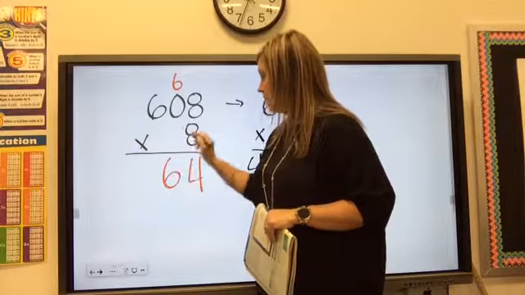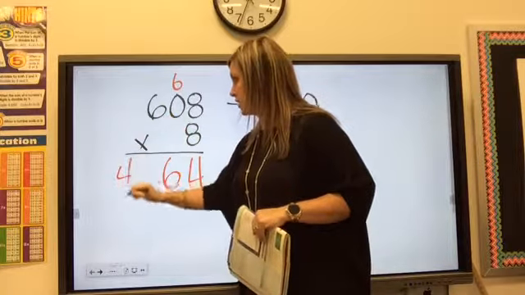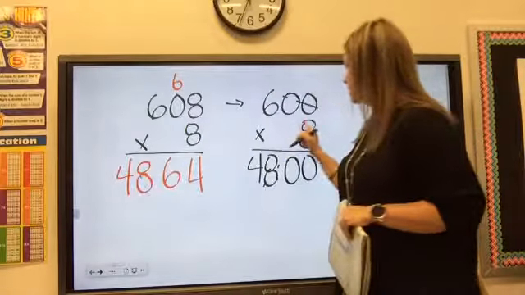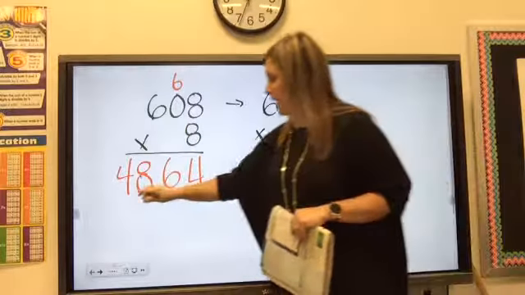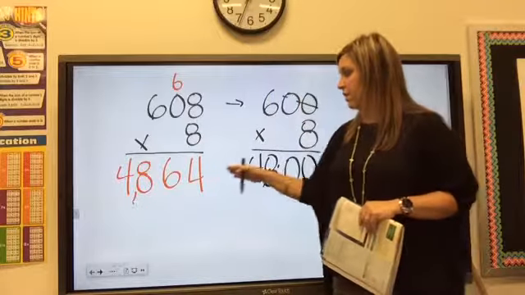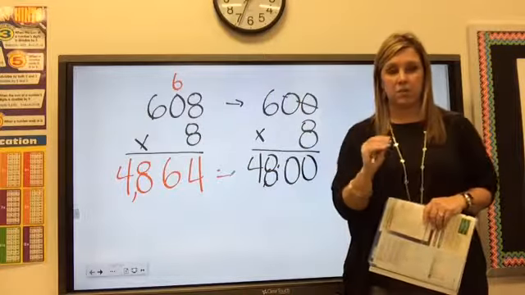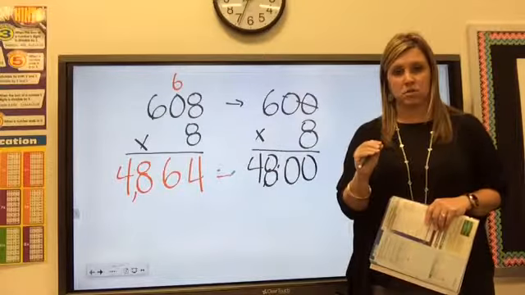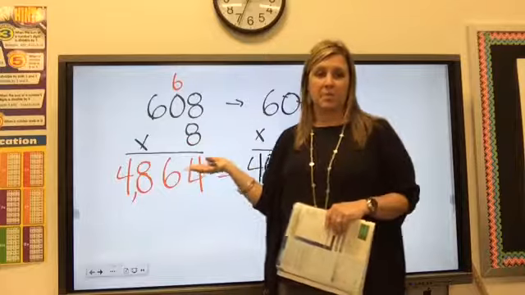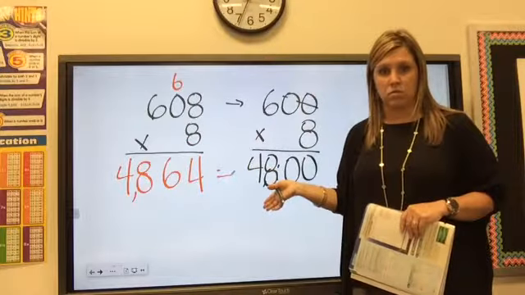Then 8 times 600 is 48. So my actual answer is 4,864, very close to my estimate. So again, it's logical that 608 times 8 is about 4,800.